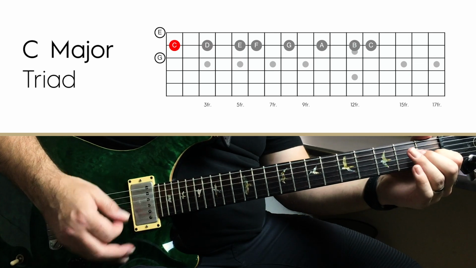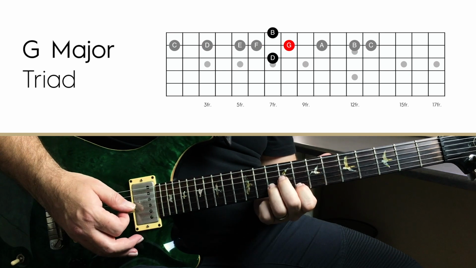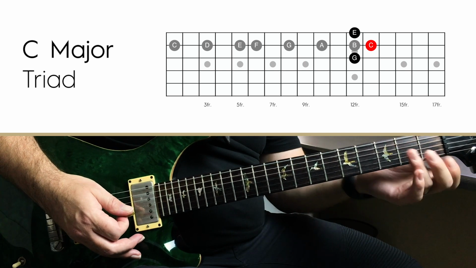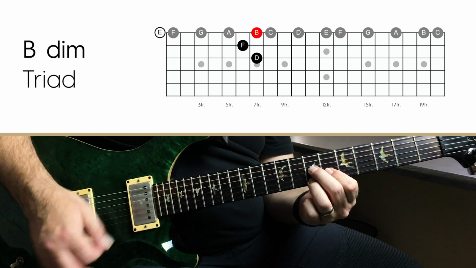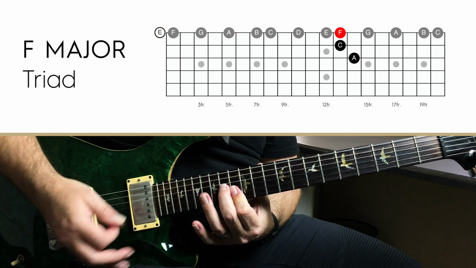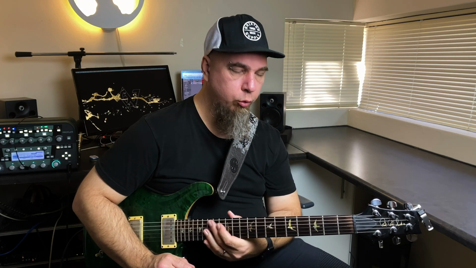And then I can also do C, D minor, E minor, F, G, A minor, B diminished, C major. And then I can also have F, G, A minor, B diminished, C, D minor, E minor, and F. So there you go. That would give you 21 triad shapes all across the neck.